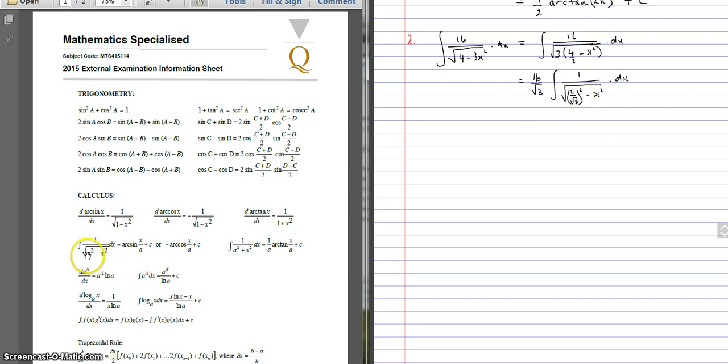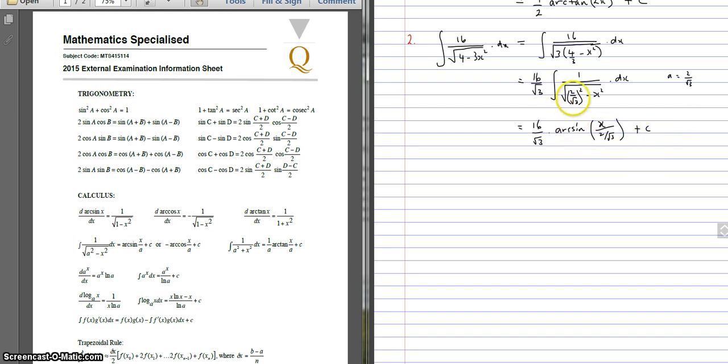Our a in this case is 2 over the square root of 3, and we can go from there. So 16 over the square root of 3 times arcsine x over a, arcsine x over 2 over square root of 3, plus c.